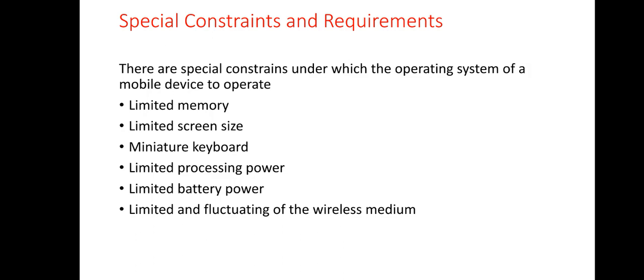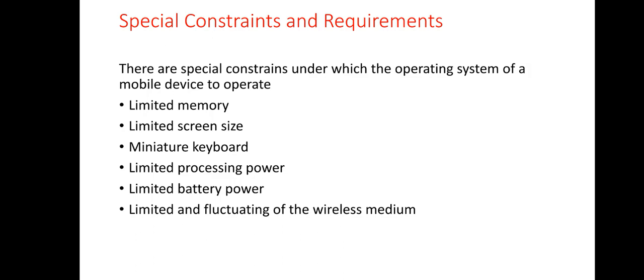A mobile operating system has limited memory, as well as a limited screen size, and that size varies with the size of the mobile. Then a miniature keyboard is provided with that device, and that interface should be provided by the operating system. Such constraints matter in case of a mobile operating system.